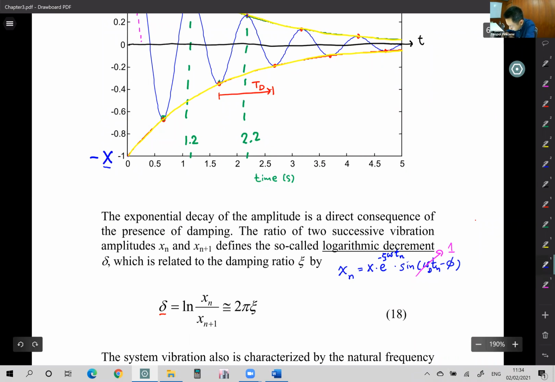And I can write down the amplitude x at n plus 1, the next amplitude, the same function, except the time is tn plus TD, multiplied with 1. Do you agree with me?